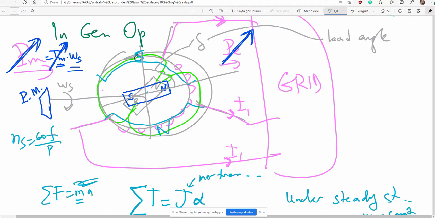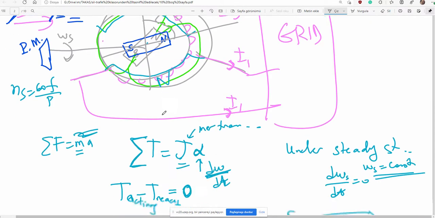Remember, any magnetic fields having 90 degrees displacement between them cannot interact with each other. There is no interaction between those two magnetic fields if there is a 90-degree displacement.